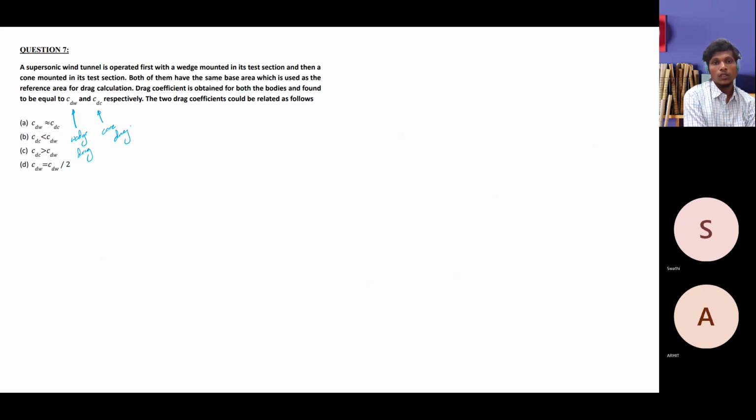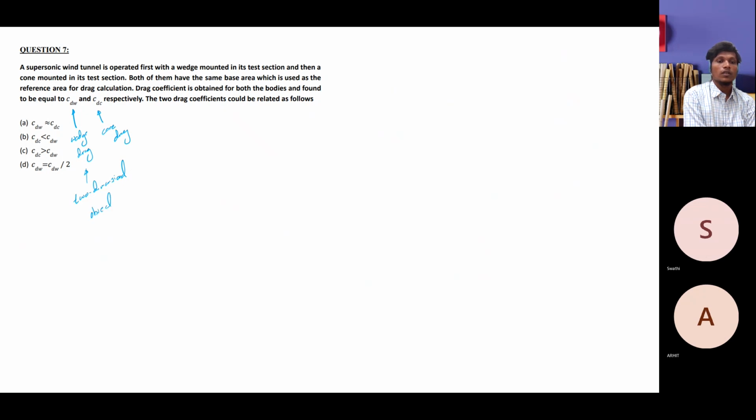One point we need to specify, so it is clear in this question, is that the wedge is fitted in such a way that it is a two-dimensional object.